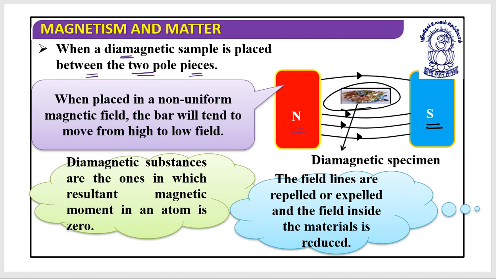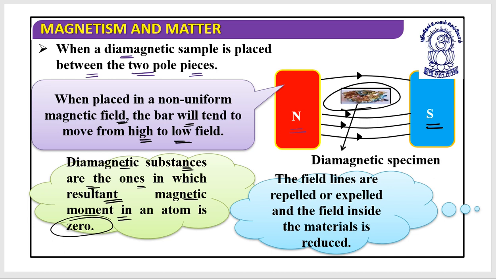Then, in a non-uniform magnetic field, this bar will tend to move from high to low field. We have already discussed that it has a tendency to move from the stronger field to the weaker field. So diamagnetic substances are the ones in which the resultant magnetic moment in an atom is zero, because they are only feebly magnetized.